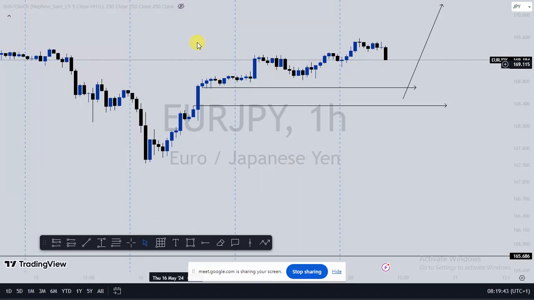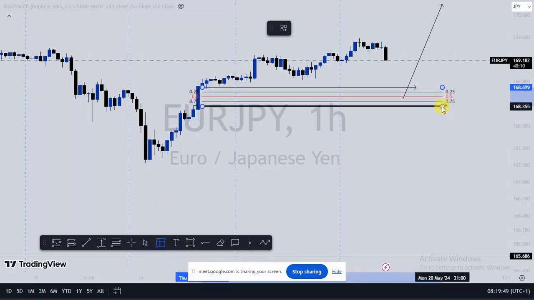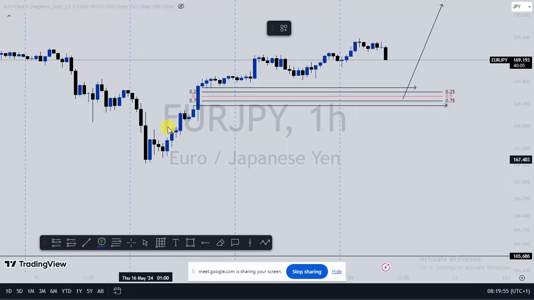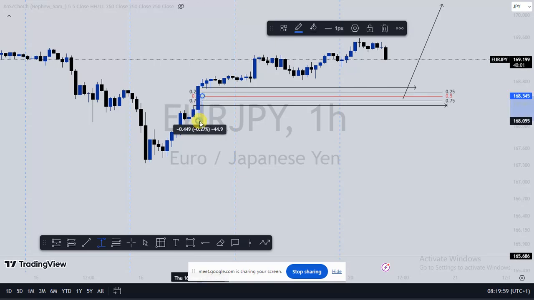So if I'll be trading, this is what I'll be looking at. Then you can still do, let's say, 50% of it, and it should be up to 25 pips. Wow, it's large. 44 pips.